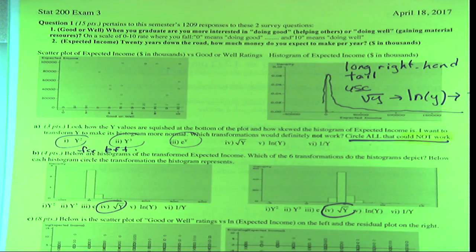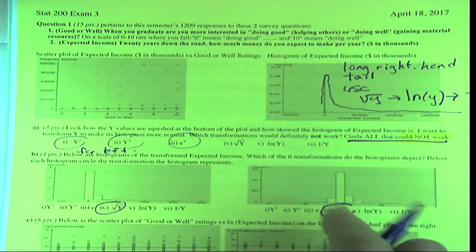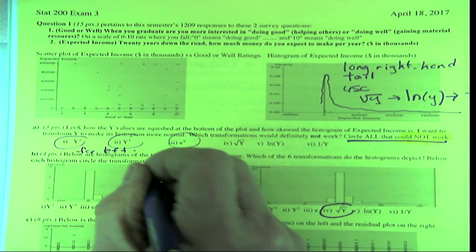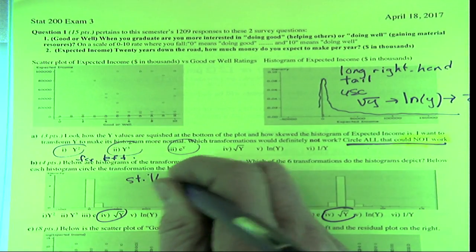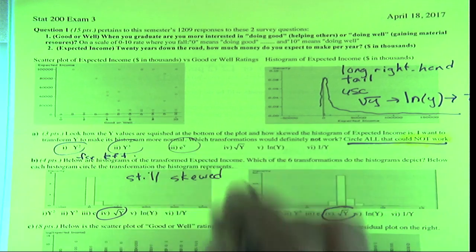All right. It's still skewed here, so that's why we want to go further. It's still skewed here. All right. So I'm trying to have this make sense. Lots of times the cues are in the data itself because it's real data, and I want you to look at real data.